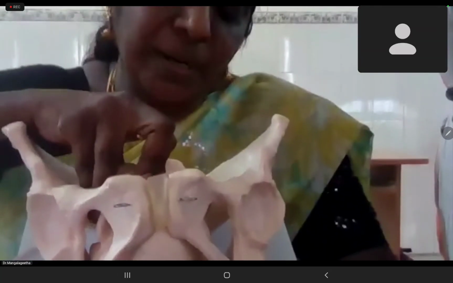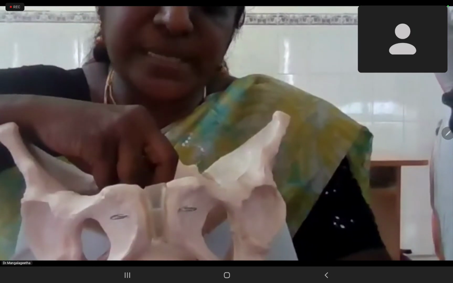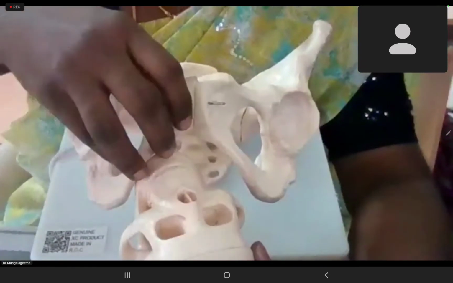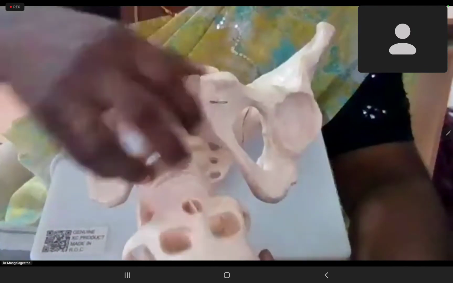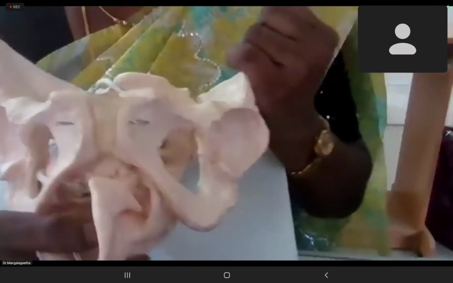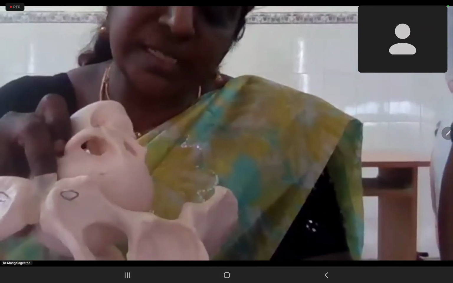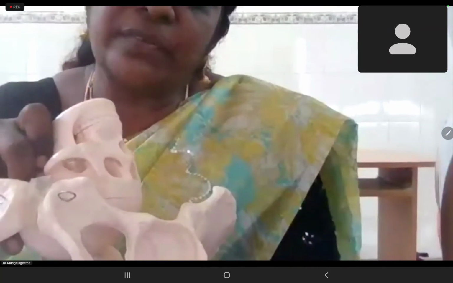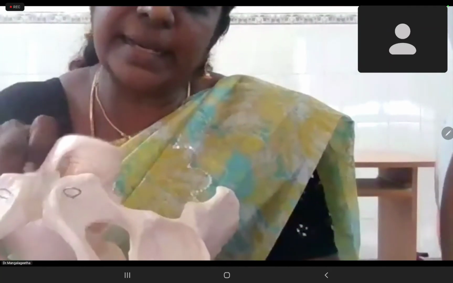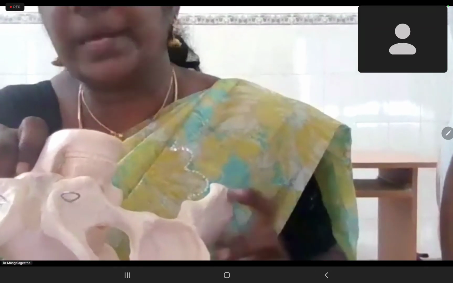Now the baby is born as face to pubis, and the chin hits against the symphysis and then the baby is born. So this is rarer, face to pubis or direct occipito-posterior delivery. And brow presentation is not possible because the diameter is 13.5 centimeters, mentovertical cannot negotiate into the pelvis.